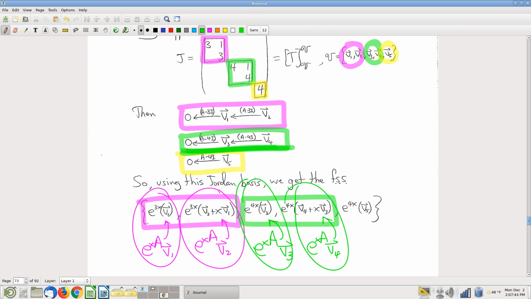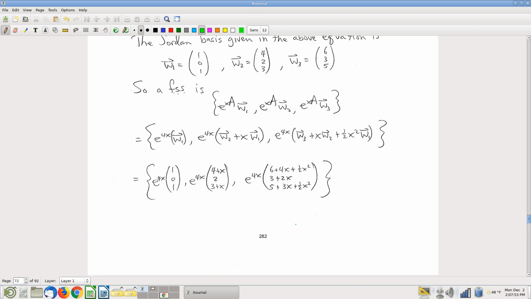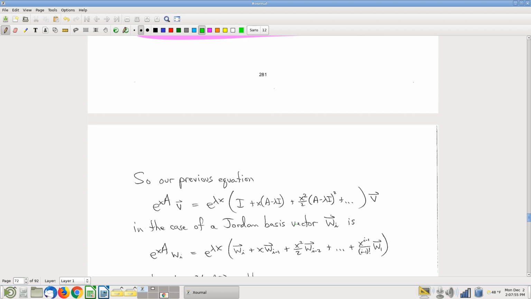Okay, so a common mistake that students will make is when they're evaluating e to the xA times V3 here, they'll see the V3, and they'll look at this formula over here, and they'll think, okay, so you just keep dropping that subscript till you get to 1, misinterpreting it, thinking that the point is about the subscript. It's not about the subscript. It's about the fact that this is the first basis vector corresponding to that block. Right? It's not about the subscript being 1.